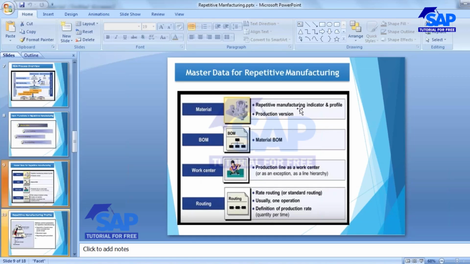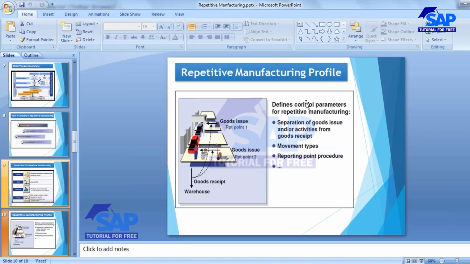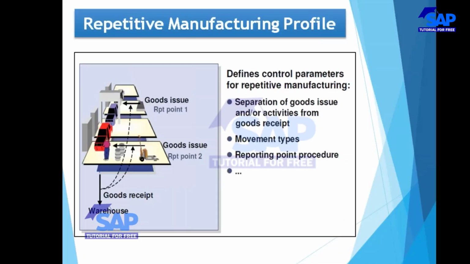So what is this? Basically repetitive manufacturing profile. This repetitive manufacturing profile basically controls some parameters. So it controls whether you want to do goods issue, goods receipt simultaneously. It will control whether you want to do goods issue and your goods receipt at the same time or separately. Those things it will control, and it will control movement types.